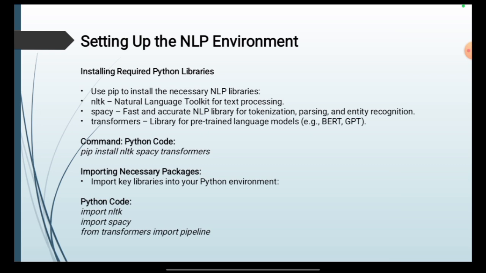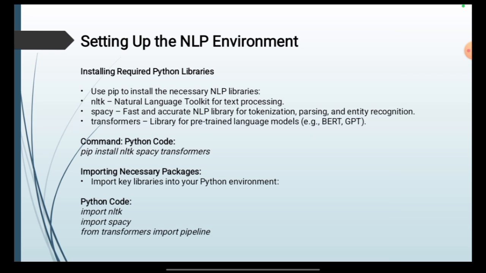Spacy is known for its speed and accuracy in tokenization, parsing and named entity recognition (NER). Transformers provides pre-trained language models like BERT and GPT, which allow for advanced language understanding and generation. Installing these libraries sets up a solid foundation for building NLP-based applications.